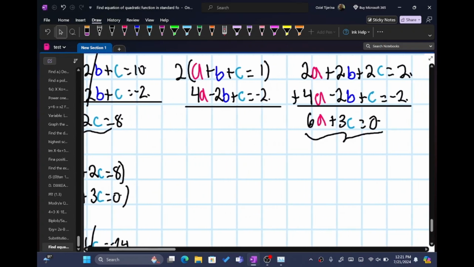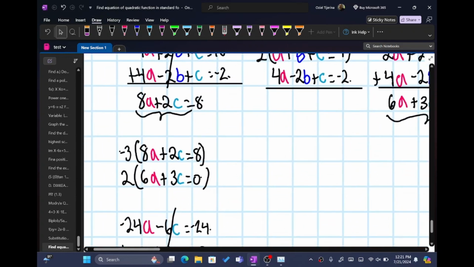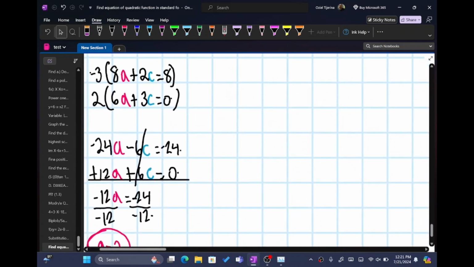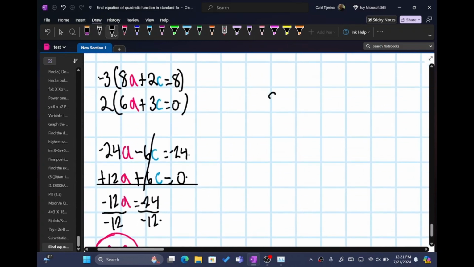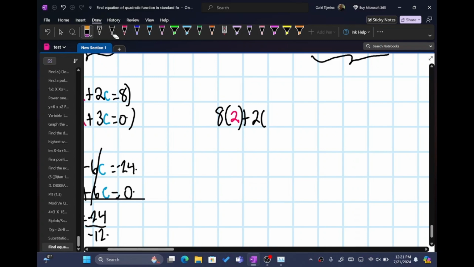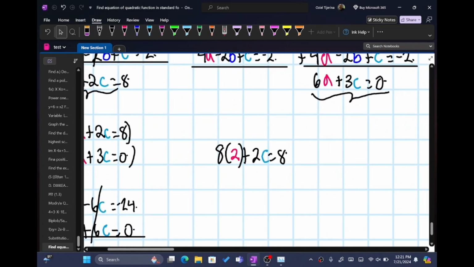And then from here, we're going to solve for the other variable, c. So we have 8 times 2 plus 2c is equal to 8. And notice that, like I said, this is exactly like systems of equations, guys.